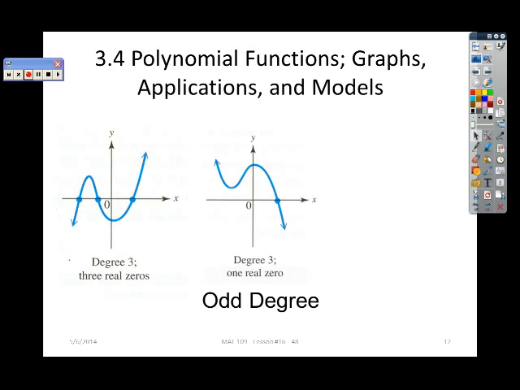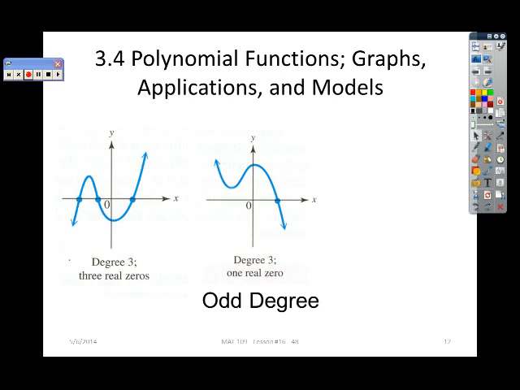Here's one that is shifted up. Still third degree, it's still a cubic, but because it's moved up, it only crosses the x-axis one time. This would have one real solution and two imaginary ones. If it's shifted down, same sort of thing, but there will always be at least one real.